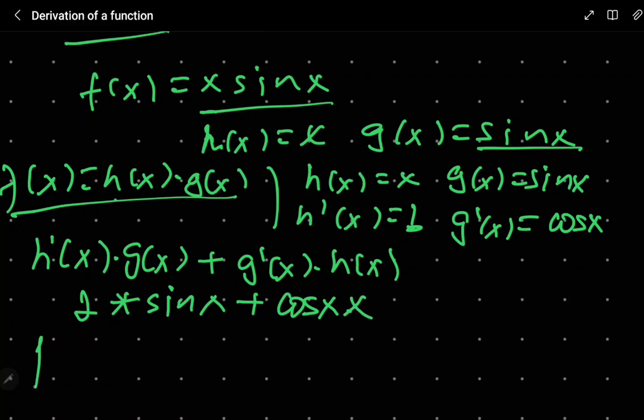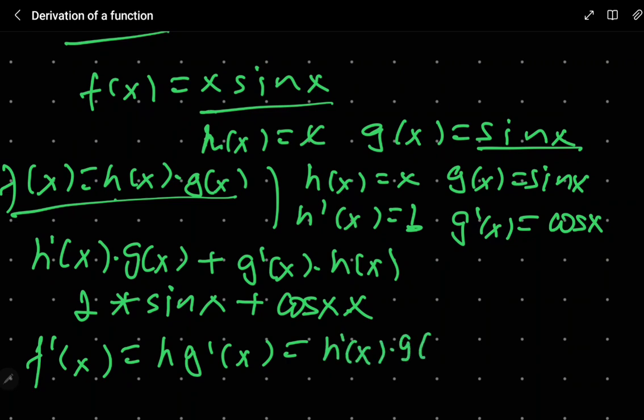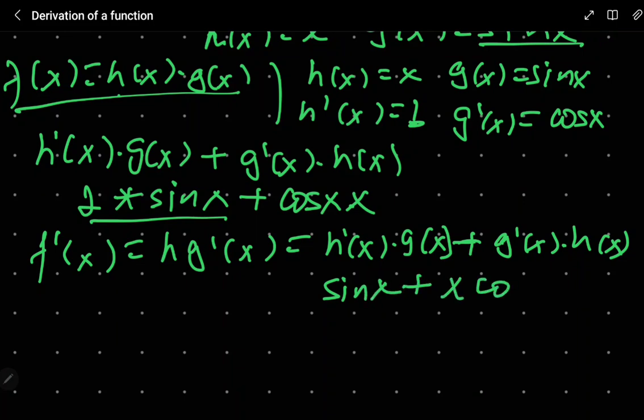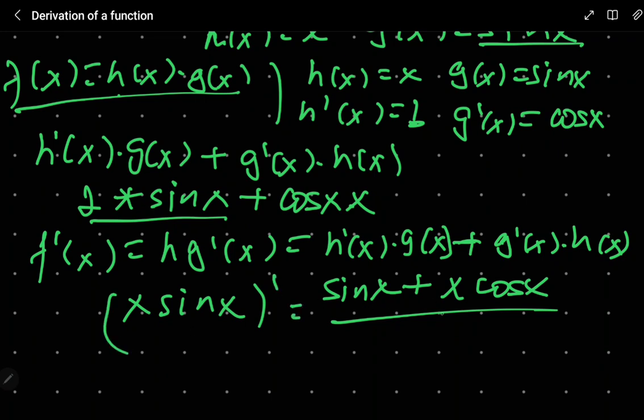So f'(x) is h'(x) times g(x) plus g'(x) times h(x). That gives us 1 times sine x, which is sine x, plus x cos x. So the derivative of x sine x is sine x plus x cos x.